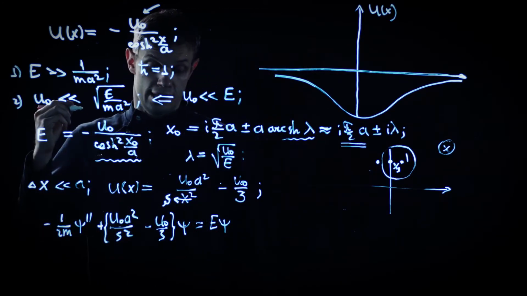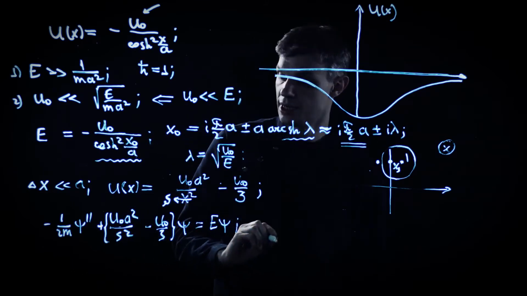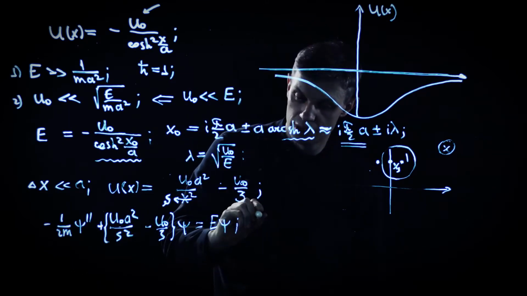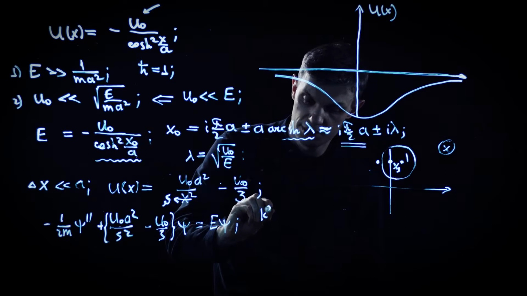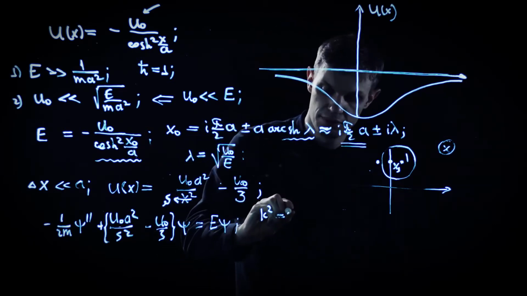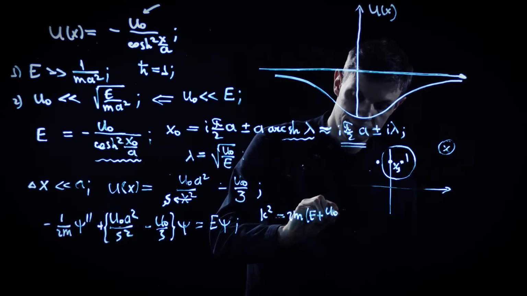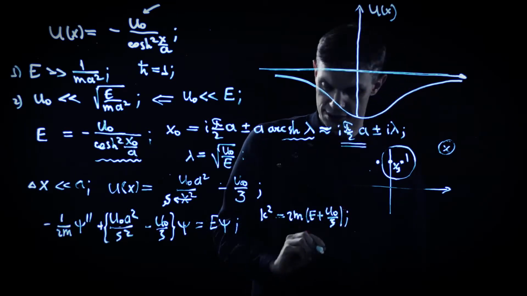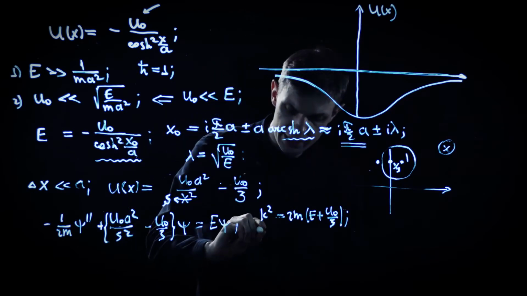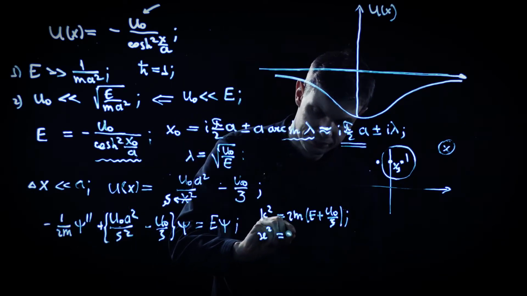Right. So now let's introduce some more suitable notations. First of all, we introduce the wave vector, which is 2m plus u naught over 3, and kappa squared.